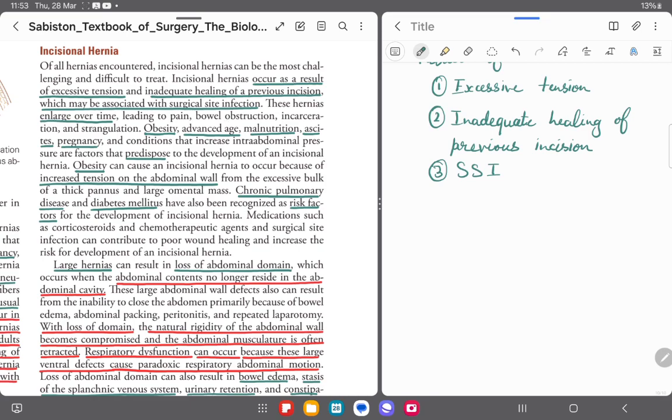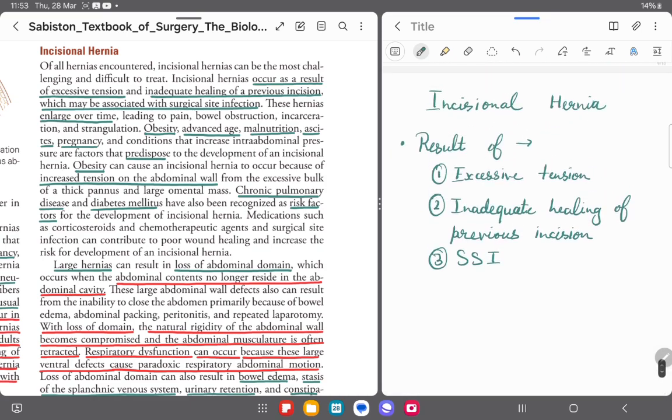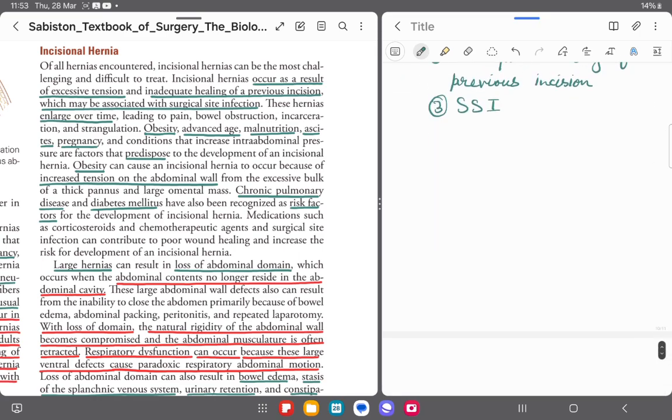So these hernias can enlarge over time. And obesity, advanced age, malnutrition, ascites, pregnancy, and conditions that increase intra-abdominal pressure are factors that predispose to the development of an incisional hernia.